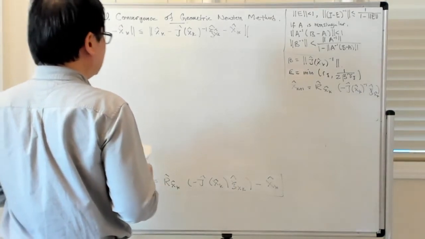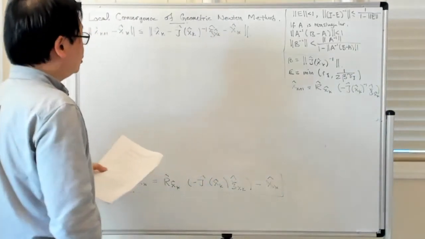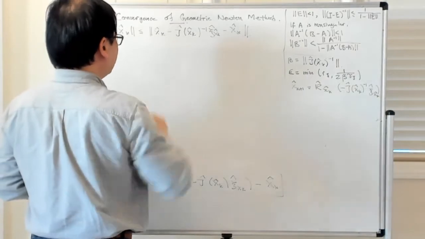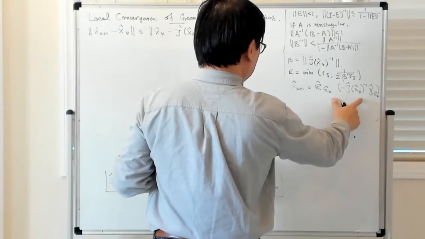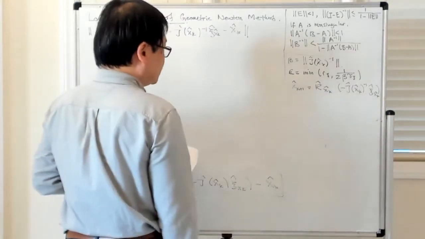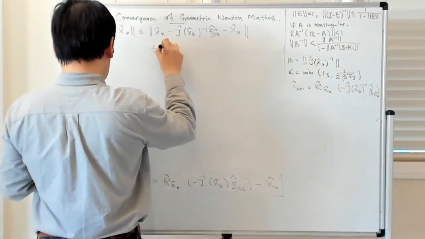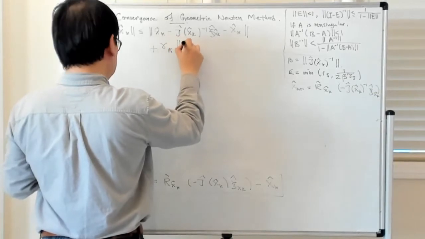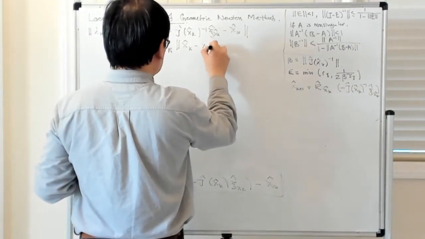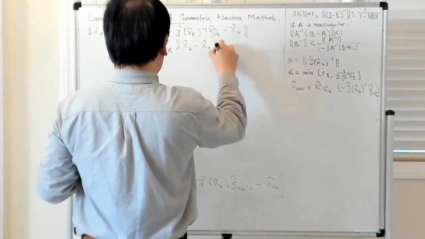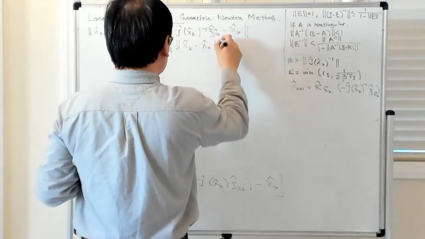What I'm doing is replacing the retraction by this linear shift map, and then the error is obtained by using the Lipschitz constant for the retraction, so plus gamma_R times the difference between x_k hat and x star hat, squared.